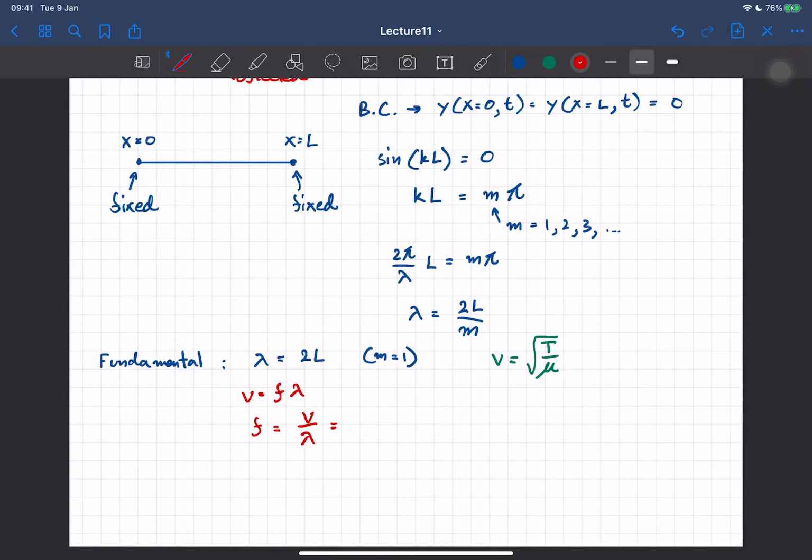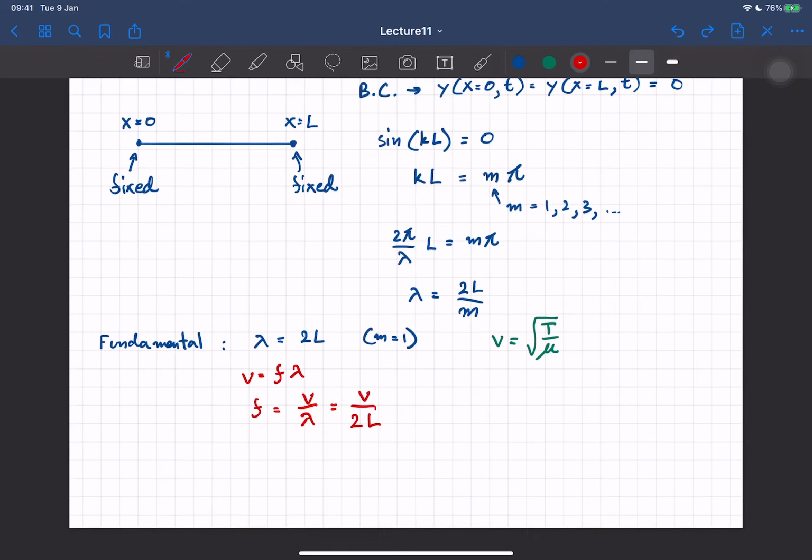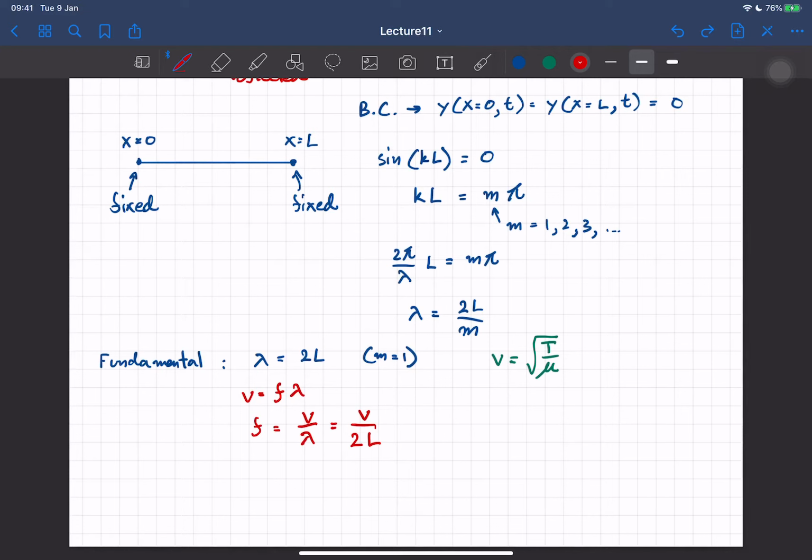and I'm not going to substitute this in because that's going to make things too messy, but I've got to write lambda equal to 2L like this. This is called the fundamental case because this is the largest lambda possible and the lowest frequency possible, so that you have a standing wave in this system. Because of this, we sometimes call this f0 or sometimes f1, because the next thing we have is f2, right?